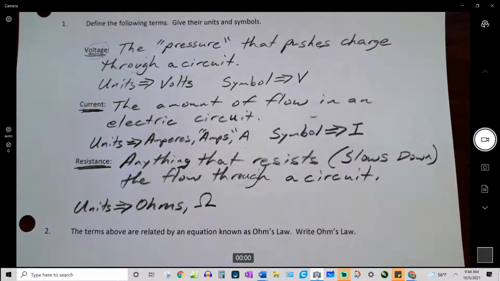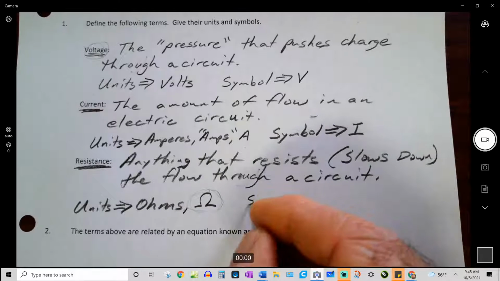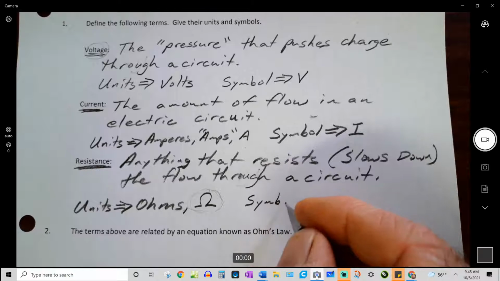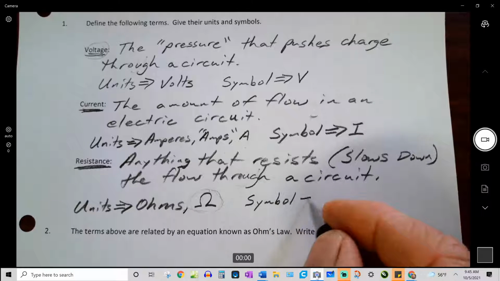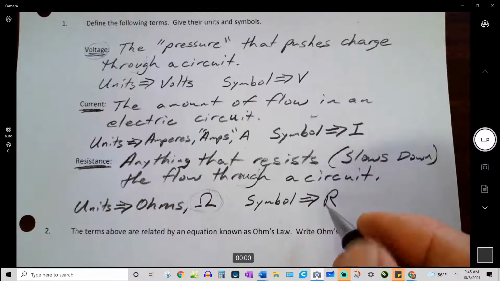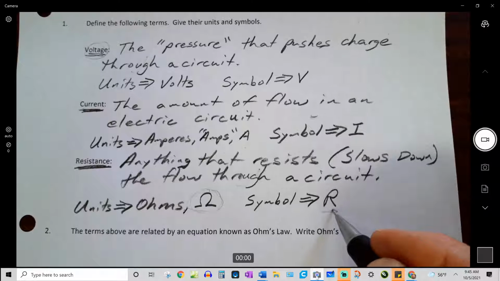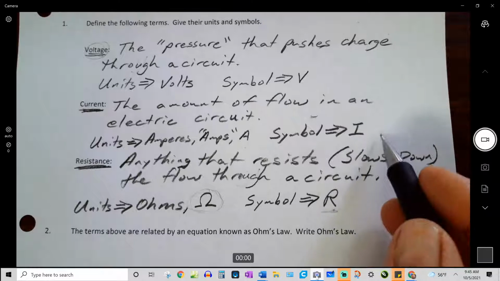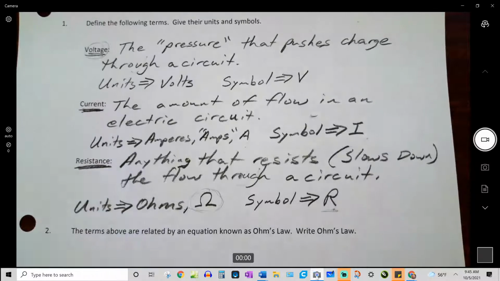It's not really the symbol for resistance. Does anybody know what this is? That's the Greek omega, right. So omega stands for ohms. That's pretty good. The symbol, though, if it's in a mathematical equation or you draw it in a diagram, it's just going to be a big R. And that makes sense. That R, I see why they use that for resistance. I still don't see why they use the I for current.